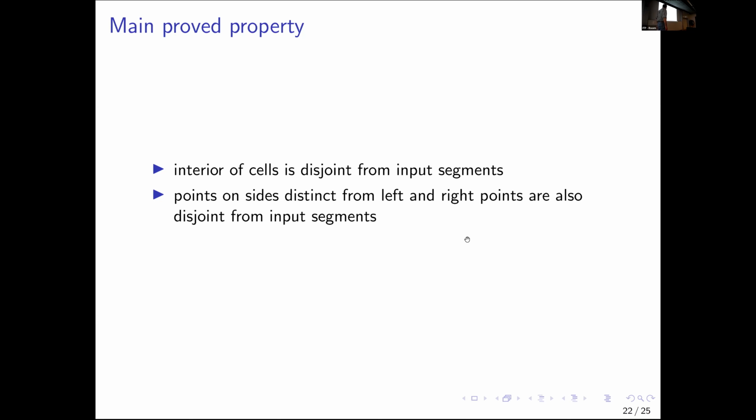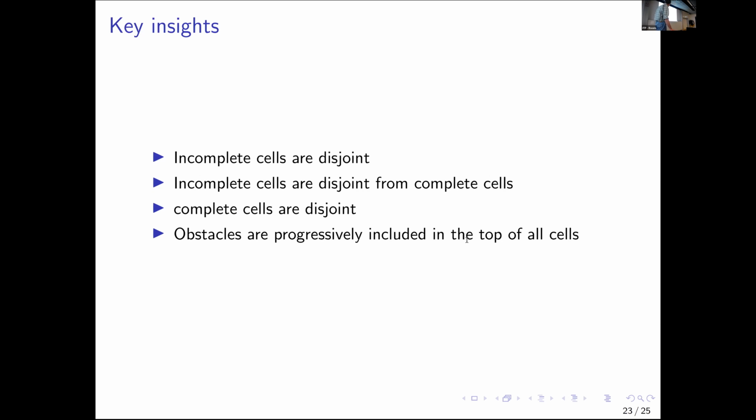Well, I'm getting ahead of myself. This is what I want to prove, and the way I prove it is the fact that the cells are disjoint. And whenever you process a new event, you're just going to create new cells that are disjoint. And the complete cells are subparts of the incomplete cells that you saw until then. So the progressive processing works that way.